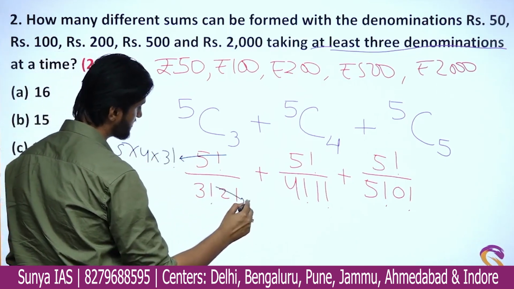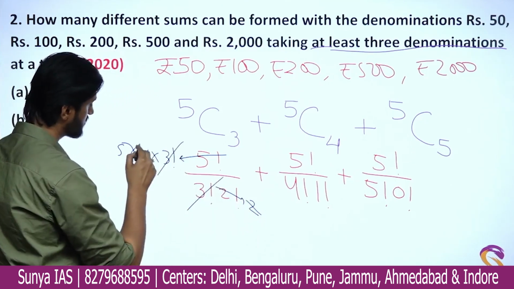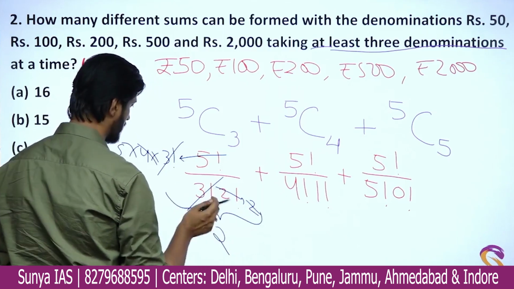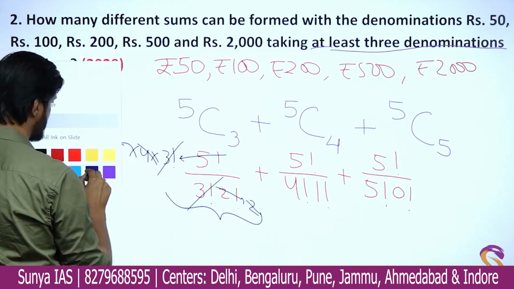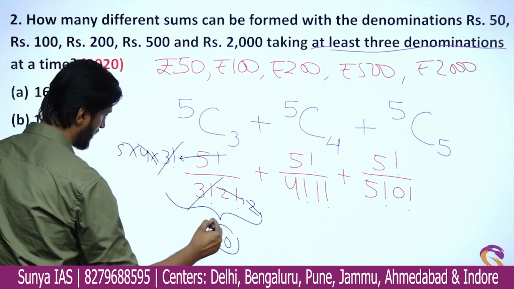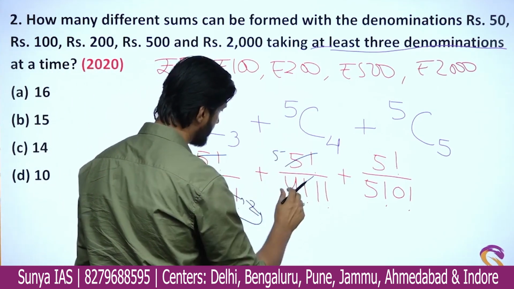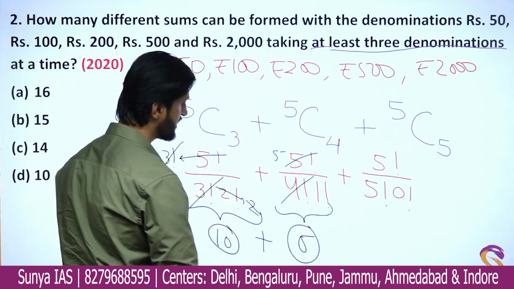This 2 factorial is nothing but 2 into 1. So you can cancel out this part. From this value you are getting not 20 but 10, I guess. Yeah, from here you are getting 10. Then further from here you just cancel out this and this, you will get a 5 only.